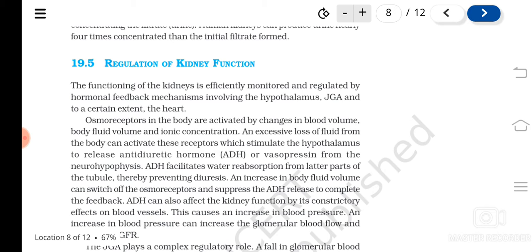Then, how does ADH work? It has a constrictory effect. It gives a message for the blood vessels to constrict, so it will increase the blood pressure.